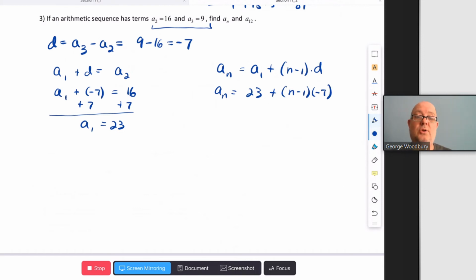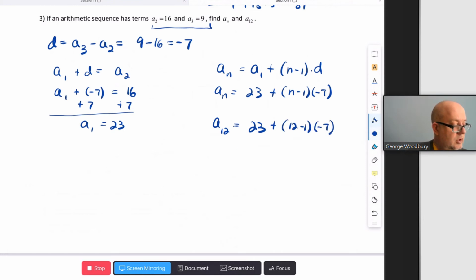Now, if you wanted to, you could distribute that negative 7 through and you would end up with 30 minus 7n, and that might be easier to plug into. That part is kind of up to you. A sub 12 would be 23 plus 12 minus 1 times negative 7, or 23 plus 11 times negative 7, or 23 minus 77, or negative 54.